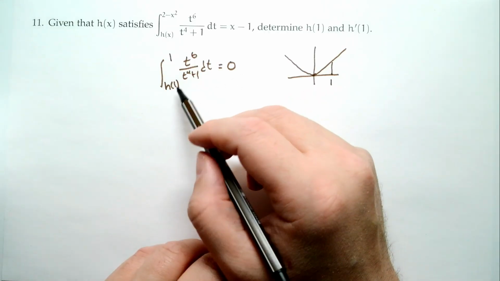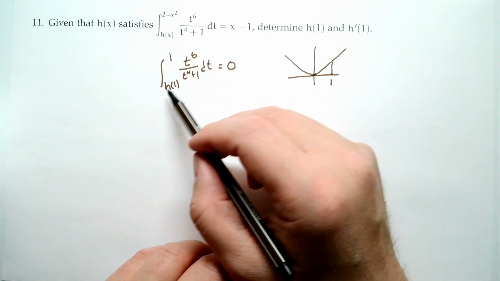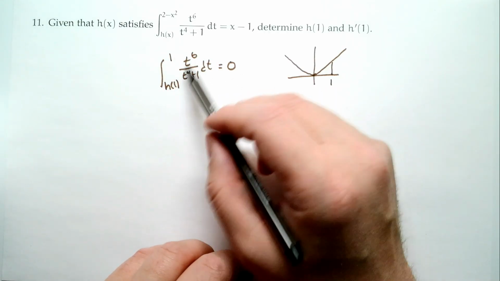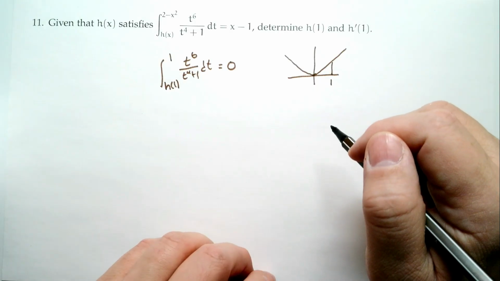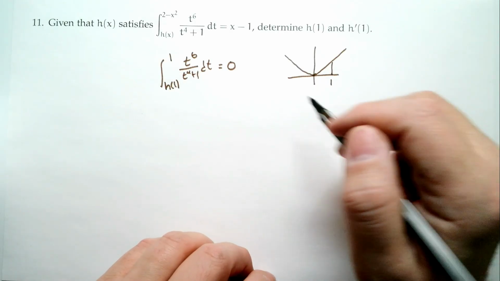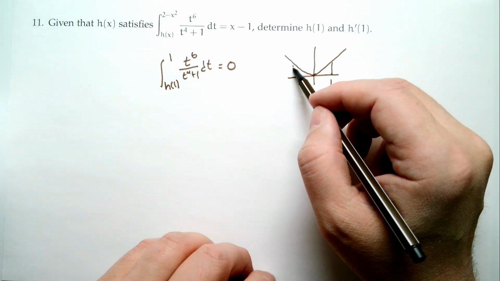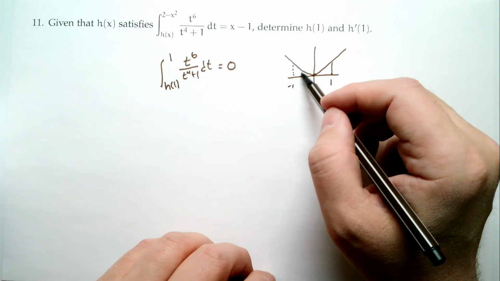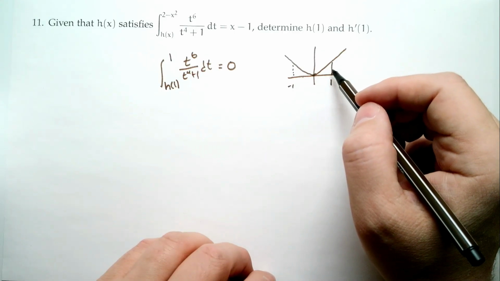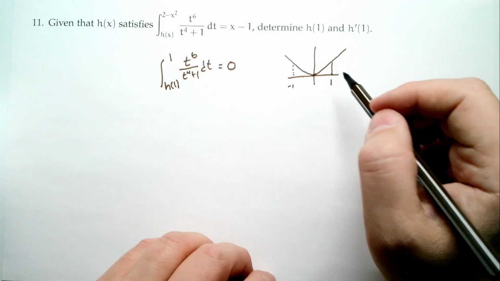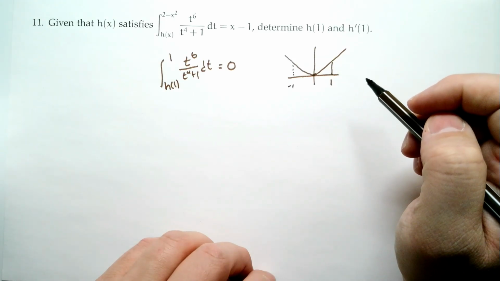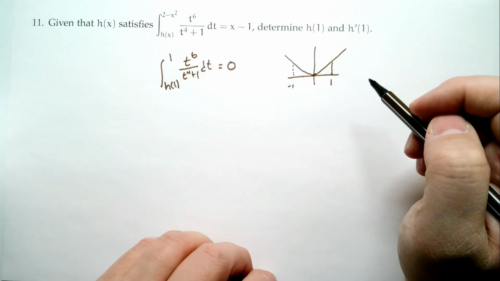So I have to figure out where to start h of 1, so that the integral from h of 1 to 1 of this expression equals 0. If I were to start at negative 1, the area would not cancel out. They'd combine. So it wouldn't be negative 1. I need something where the total area is 0.